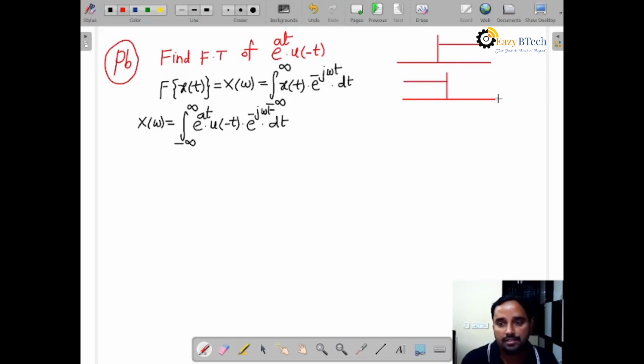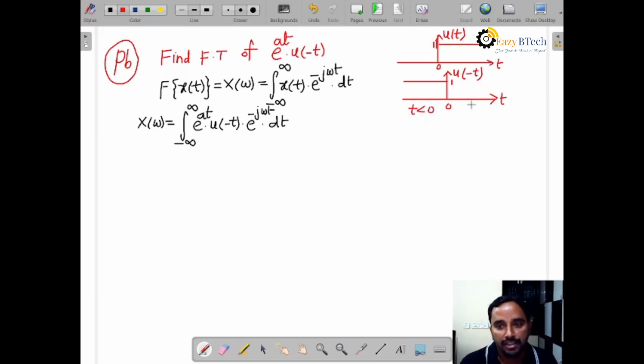Right? So here t, and this will be u(-t). Amplitude is 1. So this is 1 and it is u(t). If you observe u(-t), the value of u(-t) is 1 for t less than 0.